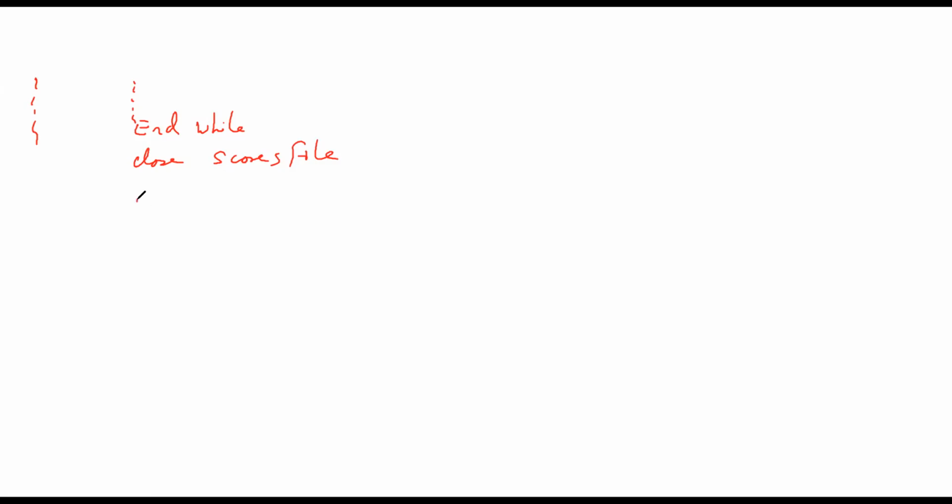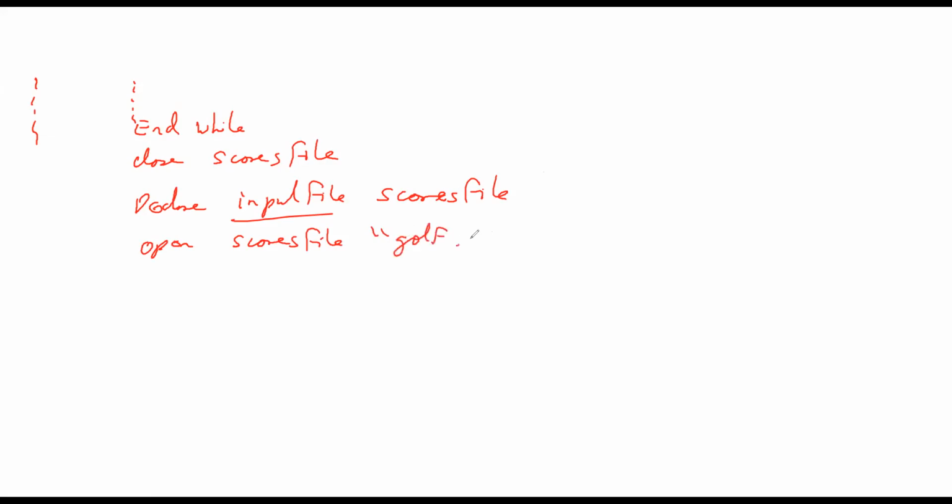So we're just going to declare input file again, but we changed the mode now to input file. Scores file, that's the file handler. We're going to open scores file and map it to golf.txt, which is our data.